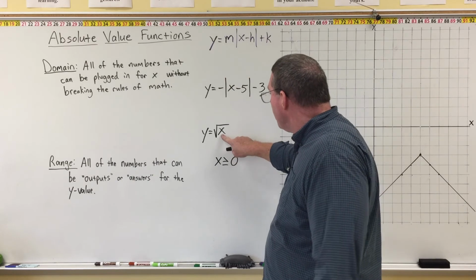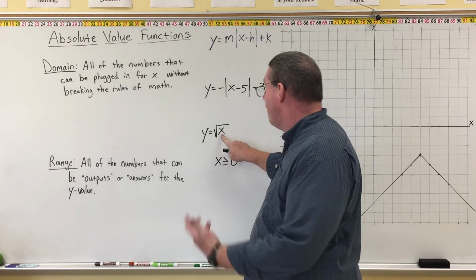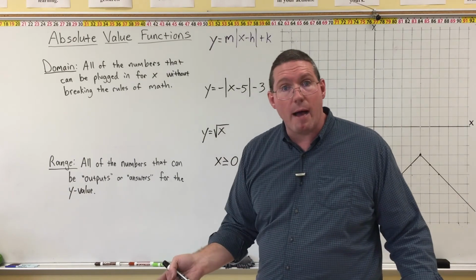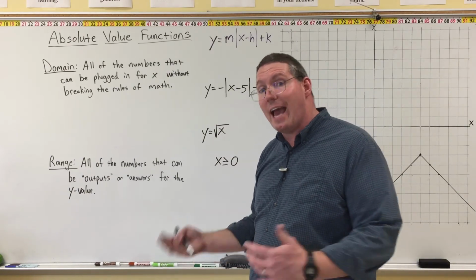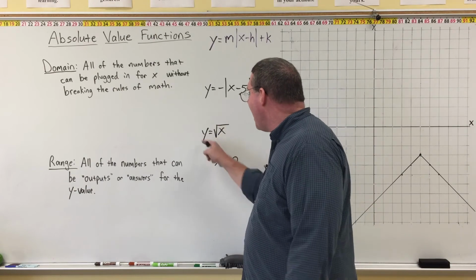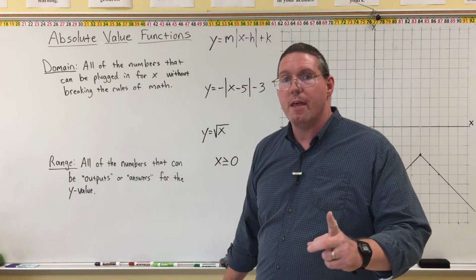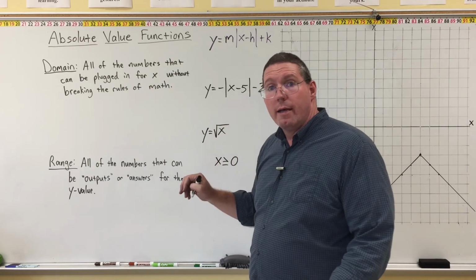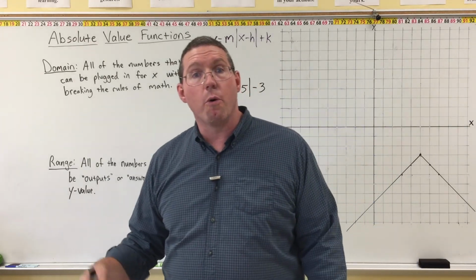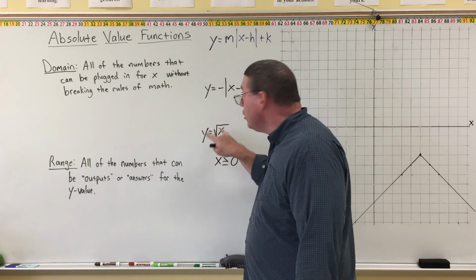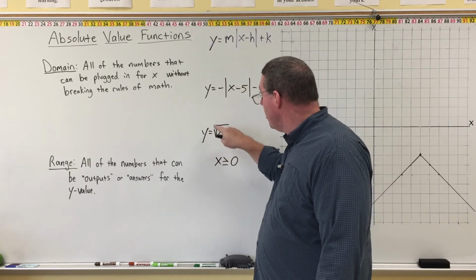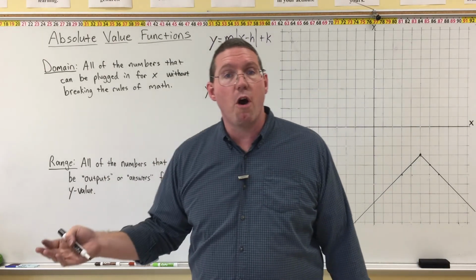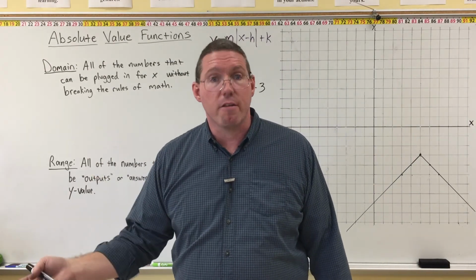So let's say I do plug in a legal input like 4. Well, the answer for y is going to be a positive number. Now, it actually can be a negative number, but not as a function. As a relation, the square root of 4 can be positive 2 or negative 2. But as a function, when we do the square root of a positive number, the answer we always go with is the positive value.